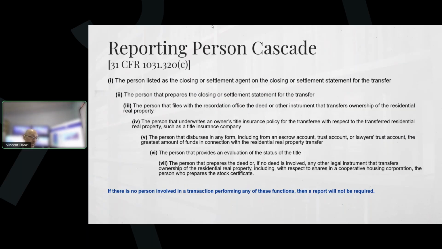However, sometimes it might not be apparent that there is a settlement statement. Now, the definition of a settlement statement is specific. It's essentially the list of disbursements made for the transfer for the transferee.